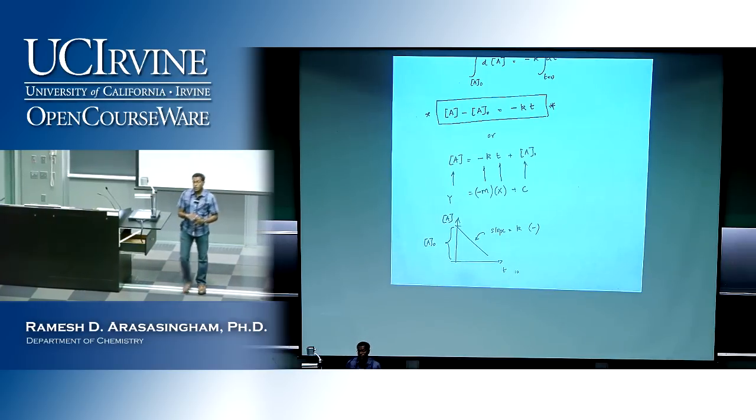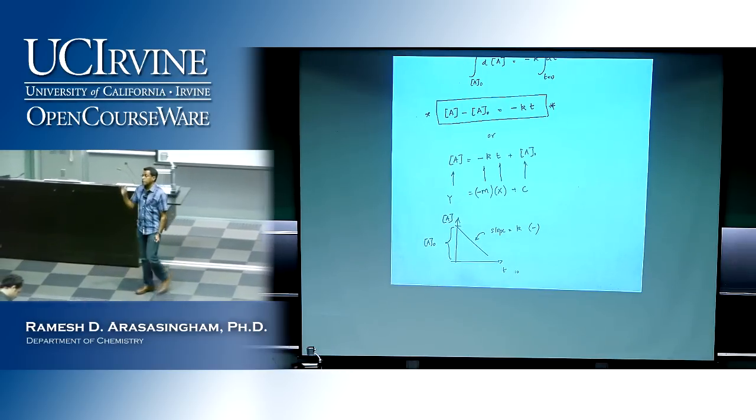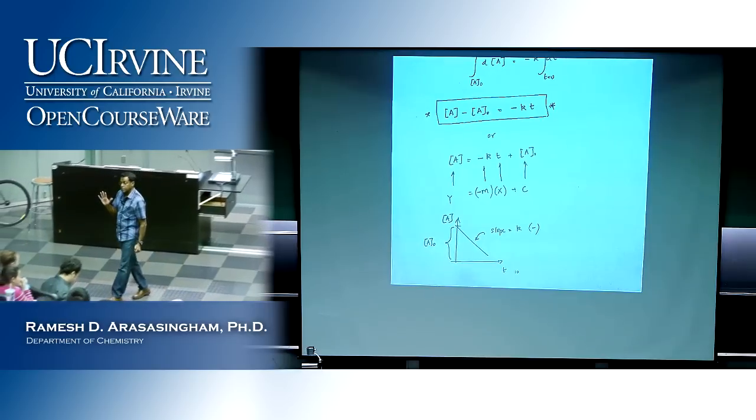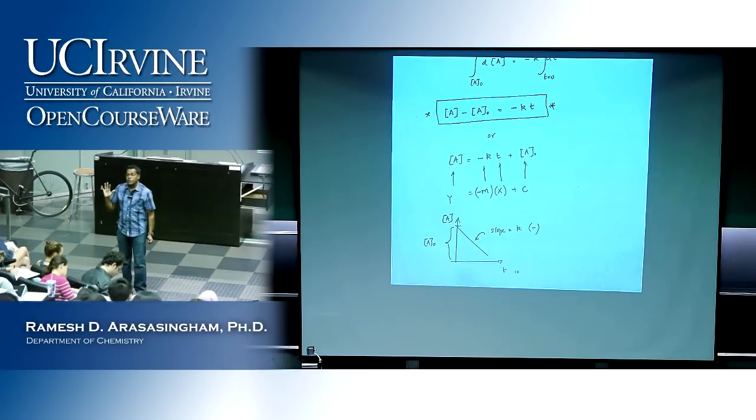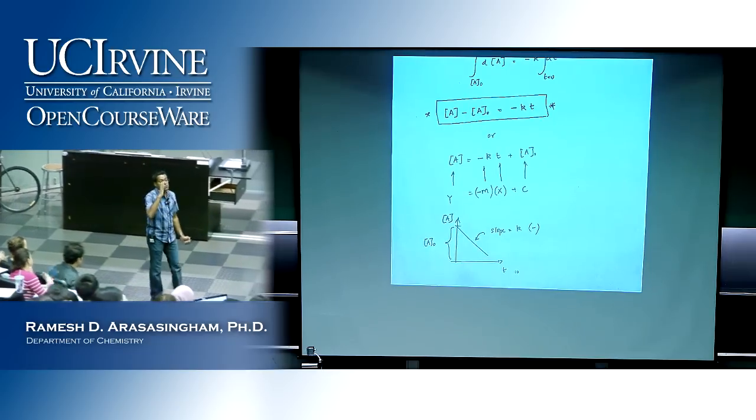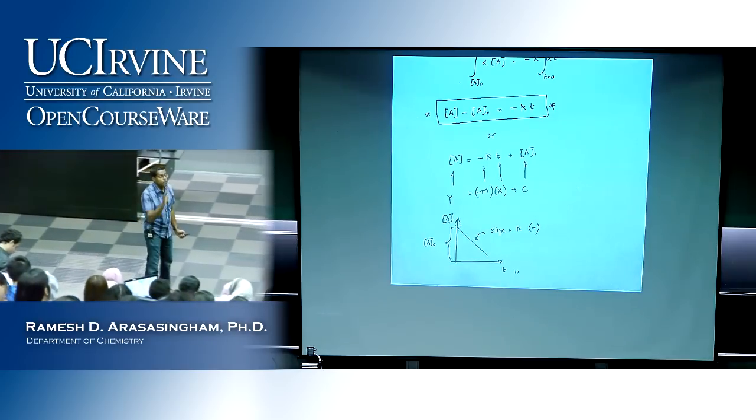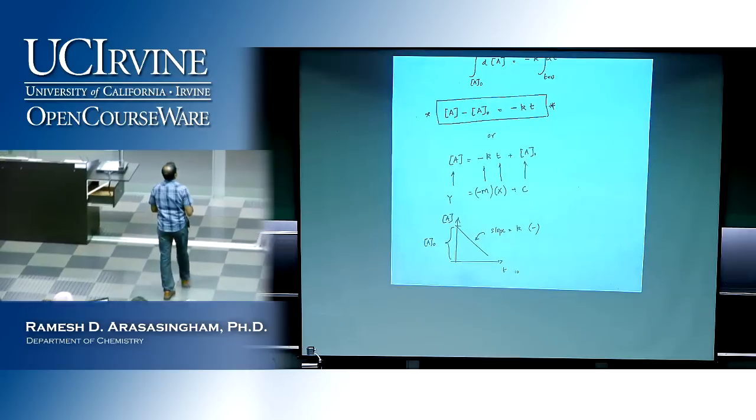So the rate constant, when you take the slope, has no sign. Remember we talked about the fact that rates don't have sign, and neither do rate constants, all right? But I want you to pay attention to, if you end up with a negative slope, then you know it's a zero order reaction, all right?